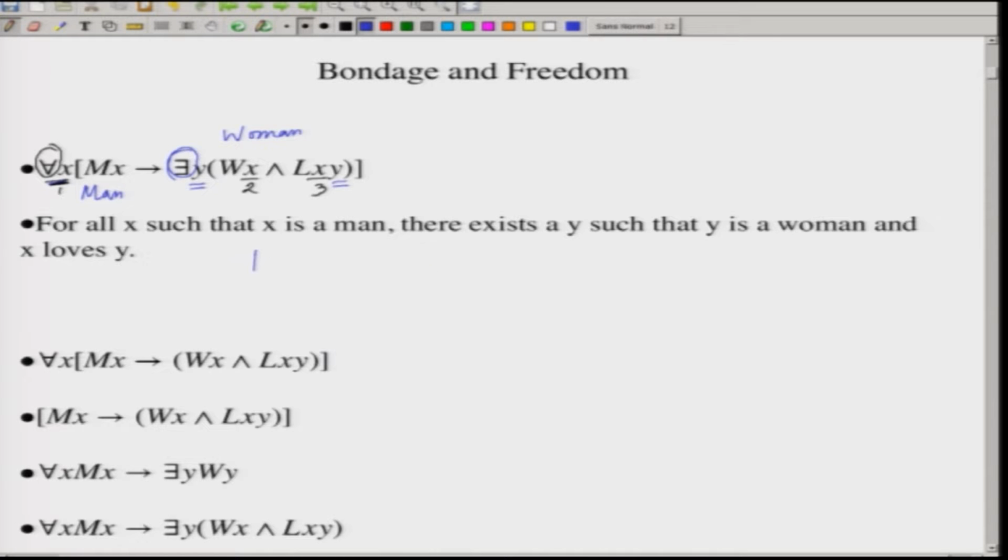that every man loves some woman. Now, we can see that this is a statement. What is a statement? Once again, we get back to the very notion of a statement.